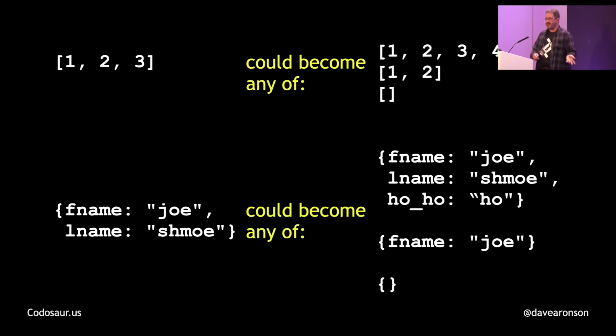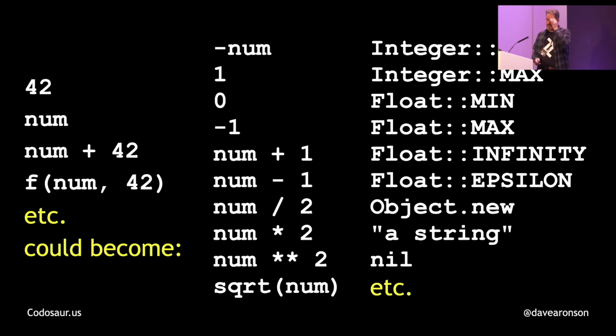And it could add things to, remove things from, or completely empty out collections like lists, tuples, maps, vectors, and so on. And of course, it could mutate each item in such collections. It could change a constant or variable or function call to some other value.